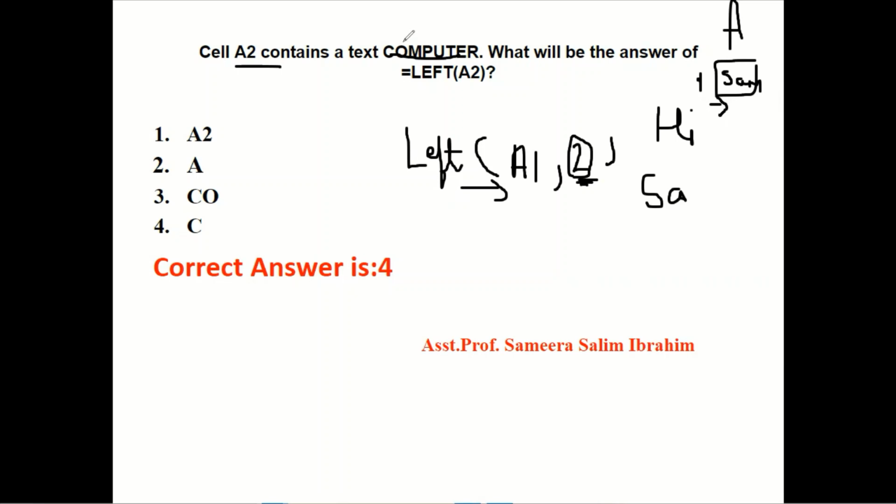By default, it accesses only 1 character if the number of characters is not mentioned. So it goes to cell A2 where computer is, and from the left side it accesses only 1 character. The first character is C. So the correct answer will be C.